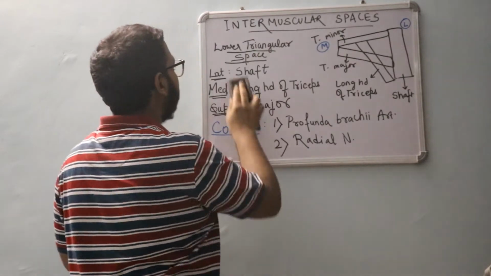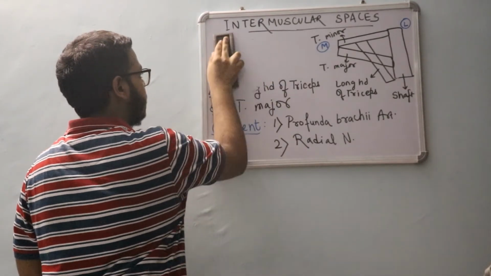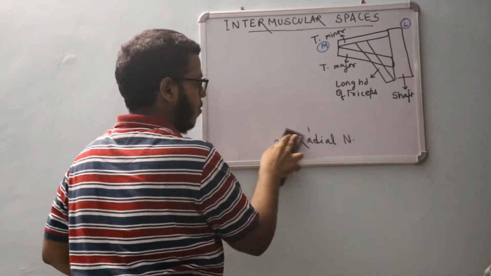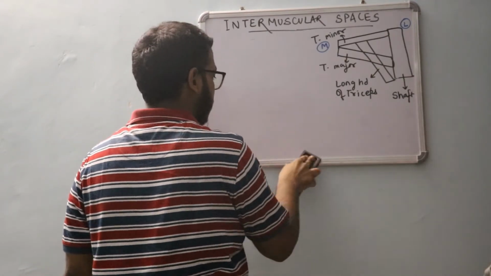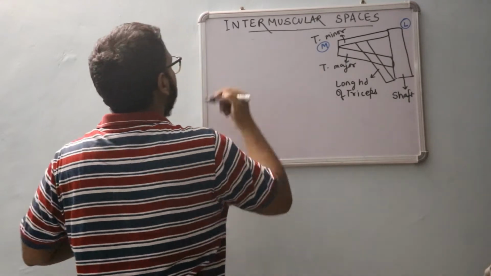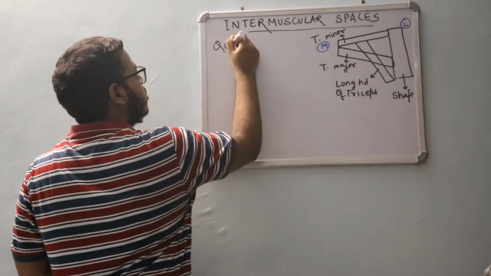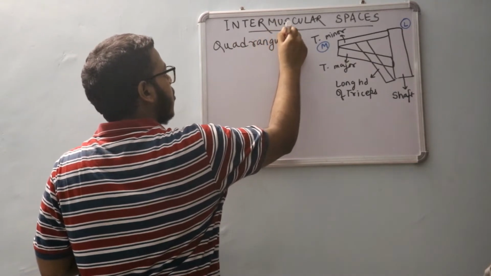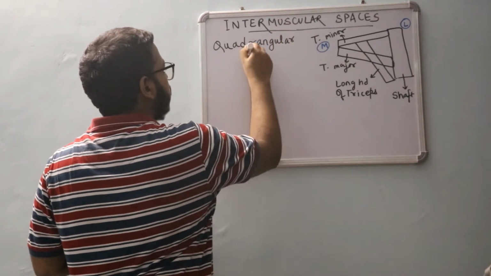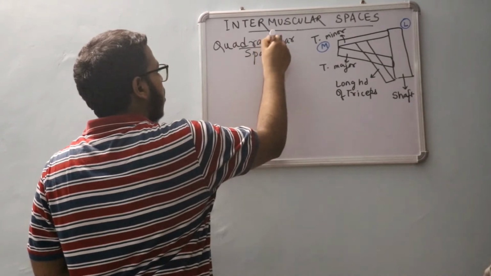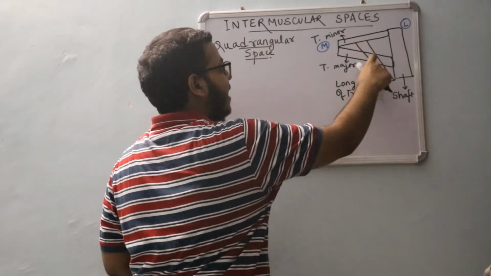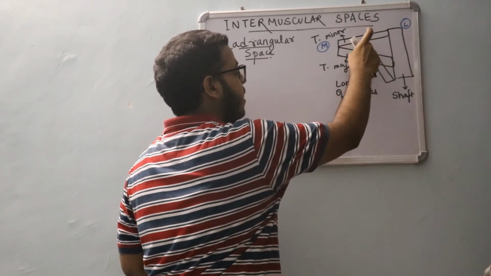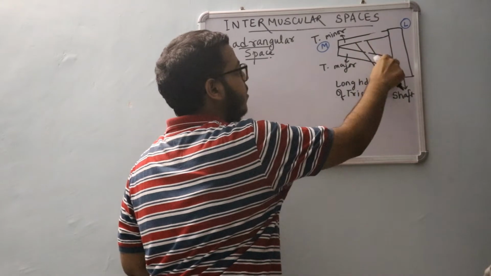The last but not the least is the quadrangular space. The quadrangular space has four boundaries: the lateral boundary, the medial boundary, the superior boundary, and the inferior boundary.